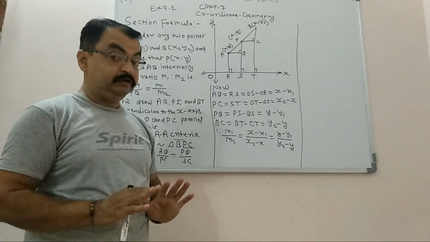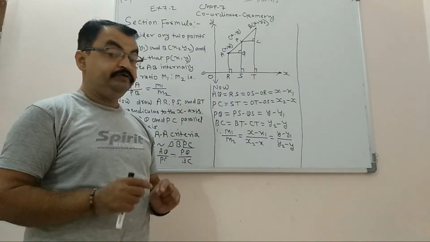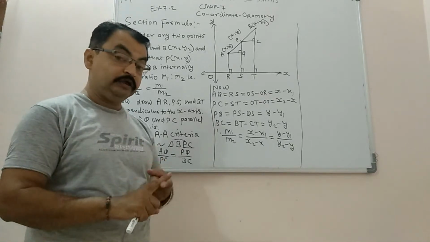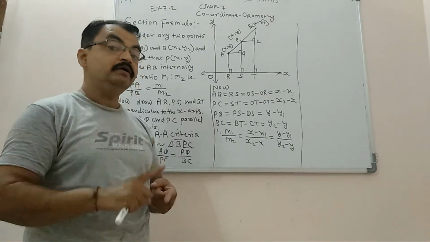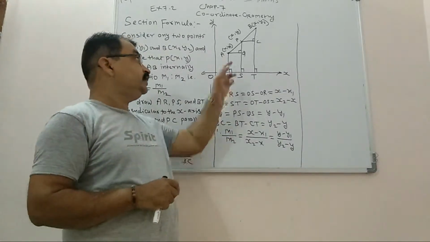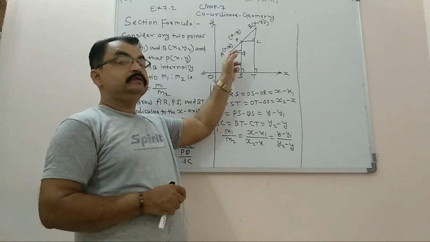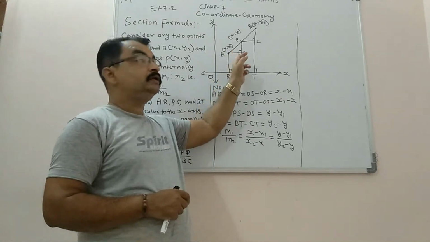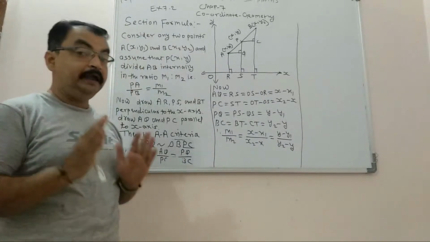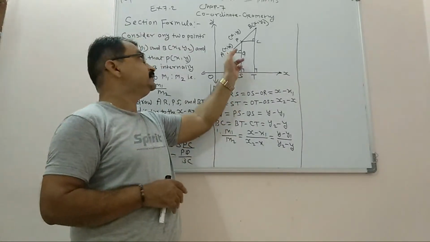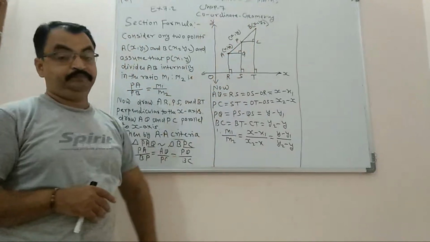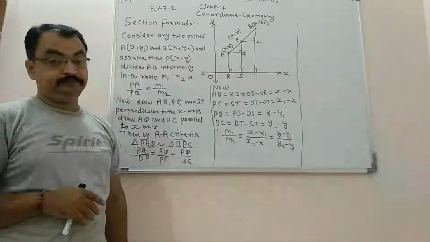You know it very well: whenever we fix the coordinates of any point, first we take the x coordinate and then the y coordinate. Clear children? So A is x1, y1 and B is x2, y2. These are the end points of the given line segment AB in the first quadrant of the coordinate system. Clear?